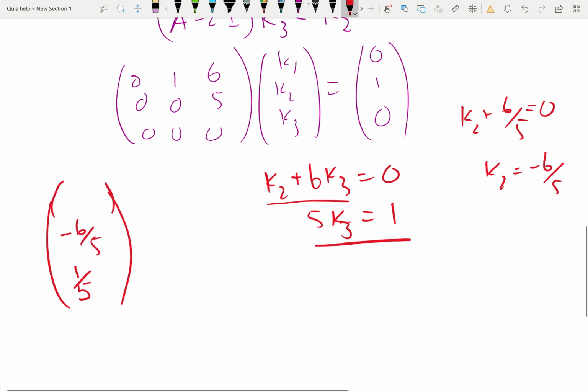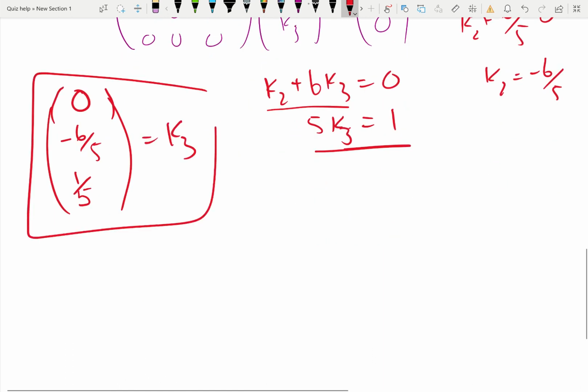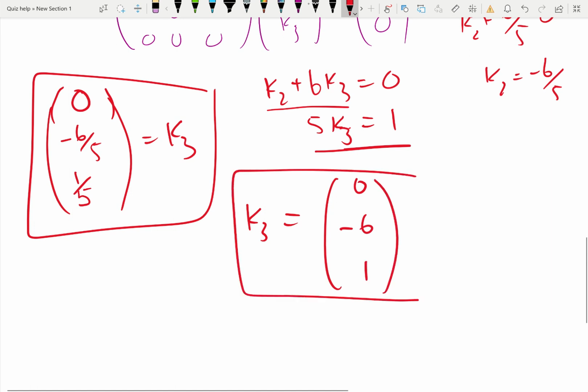Now we can choose our little k1. Why don't we choose k1 to be 0? Now this is capital K3. To make capital K3 simple, we can multiply it by 5 to get rid of fractions. So 0, negative 6, 1. This is capital K3.